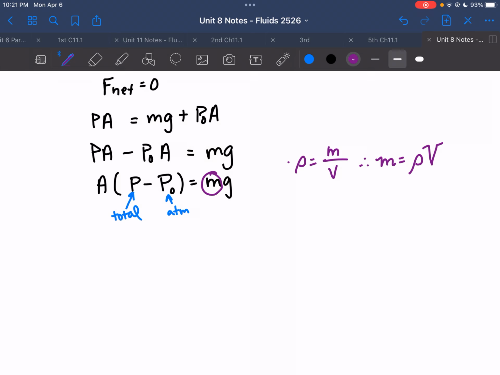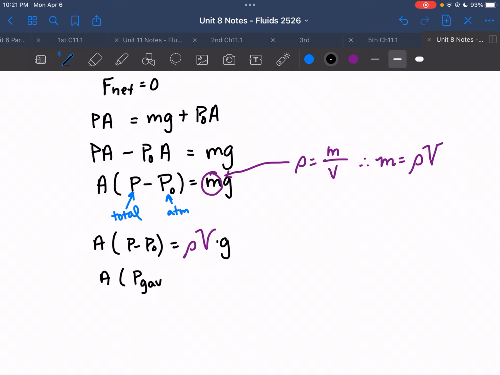So let's replace that in there. So I have A times P minus P naught is equal to rho V times g. Let's clean this up a little bit more. We know that the difference of our pressures is really just the gauge pressure.